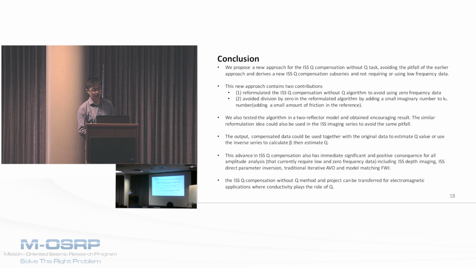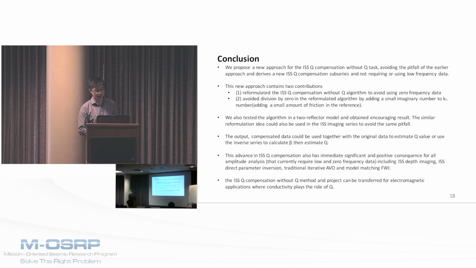Then we avoid the division by 0 by adding a small friction in the reference. We also tested the algorithm in a two-reflector model and obtained an encouraging result. This algorithm and its output could also be used together with the original data to estimate Q, or used to calculate beta 1 and then estimate Q.